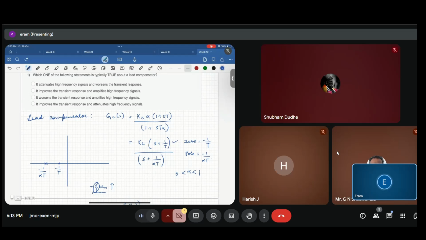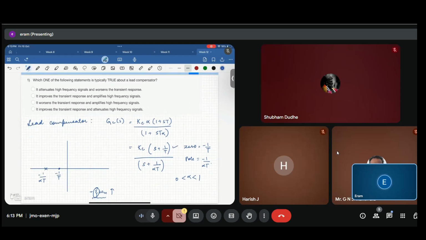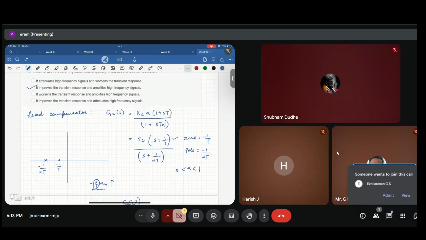That means the transient response is going to improve. Which option can we confirm is correct? We will have an improved transient response and high frequency signals will be amplified. So option 2 will be correct. Okay. Now let's move to the next question.